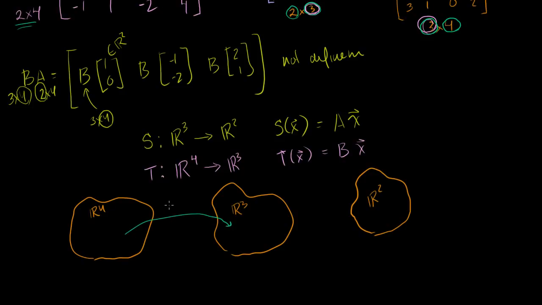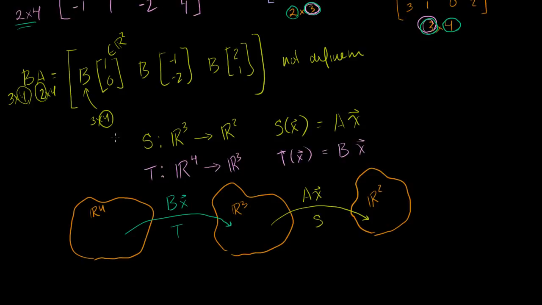T is B times x. That's what T is equal to. And then S is a transformation from R3 to R2, so S looks like that, and S is equivalent to A times any vector in R3. So that is S.